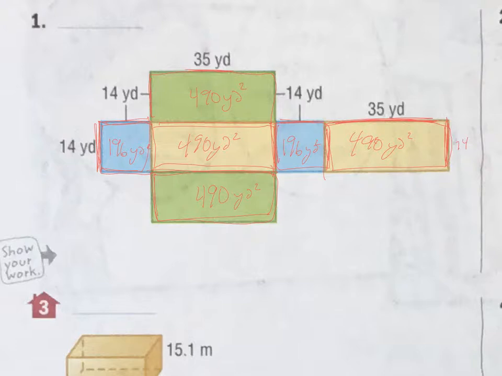Those are my 490s. And then 196 plus 196, it gets me 2,352. The unit is yards, and it's the area, so it's squared. Okay?